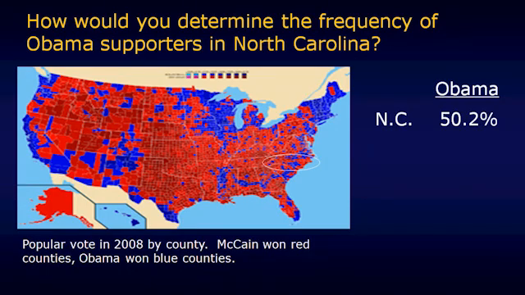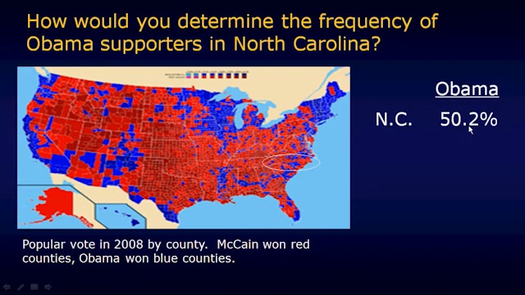North Carolina, like every other state, maintains a record of the answer to that precise question. And across the United States, again, every state has done this due diligence of maintaining those records, and we can go to North Carolina's records and find out that in the 2008 presidential election, just over half of the voters in North Carolina cast their vote for Barack Obama.